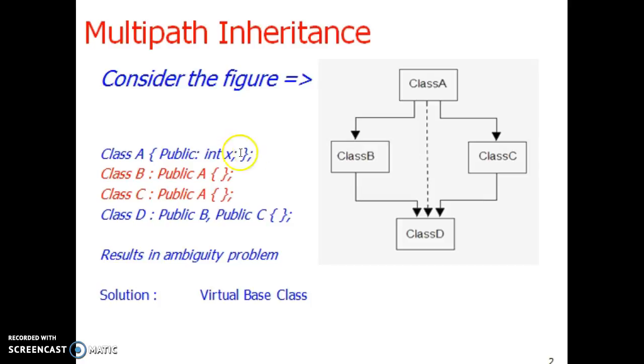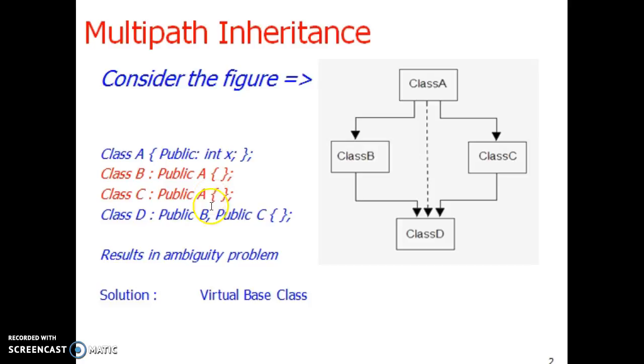Class A has a data member called x. This x is openly available in class B and also in class C. Again, class D is inheriting the features from class B as well as class C. Therefore, this x will be available to class D through class B, as well as through class C.